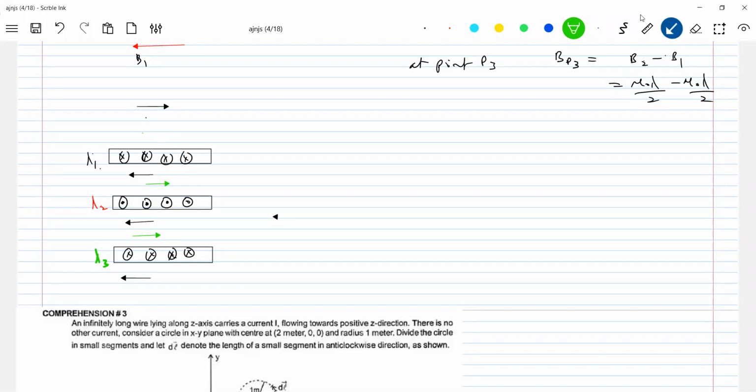Sheet 3, due to the red one, it should be in this direction.